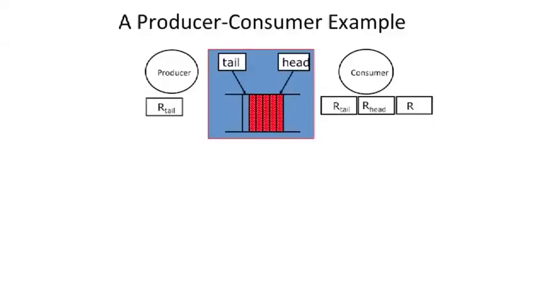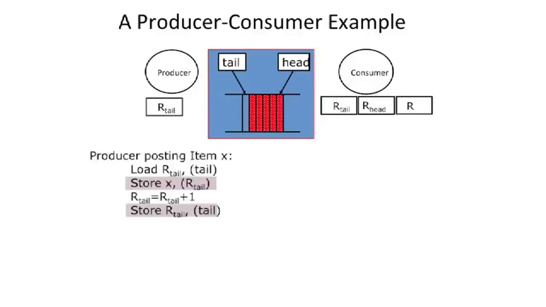The reason I point out these different registers is just to show that the producer owns this register and the consumer owns these 3 registers. And as you can see here, this says rtail and that says rtail. So they're going to have different copies of rtail, and they could potentially get out of sync here. We're going to see some fun hijinks happening.